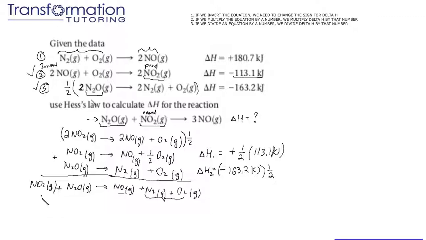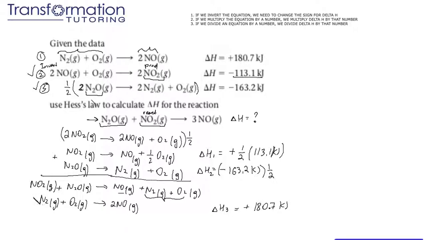So I'm going to go ahead and write it. I'm going to say N2 gas plus O2 gas goes to 2 NO gas, and its delta H will be, let's say delta H3, the same. I did not change it because I did absolutely nothing to that equation.